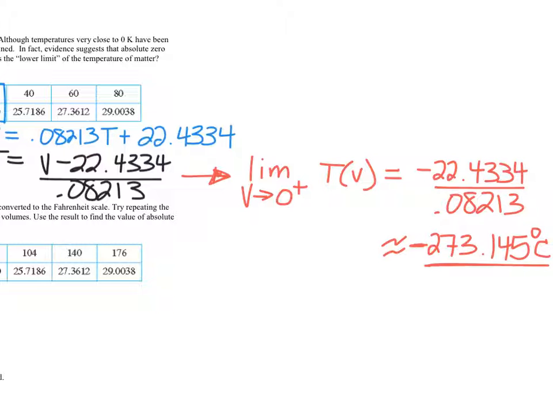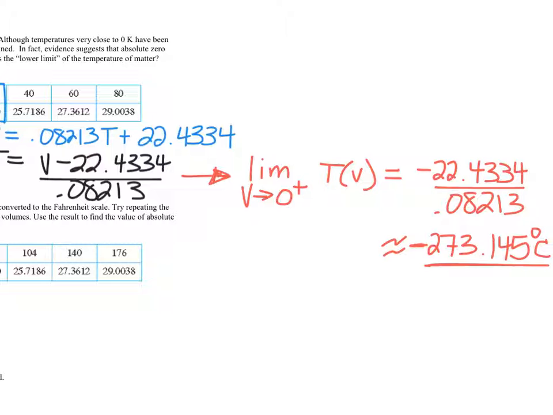So if we know that there's a linear relationship between temperature and volume of some piece of matter, and we have that relationship to fall back on, then we would know as the volume approaches 0, your temperature should be approaching its minimum value. Right?